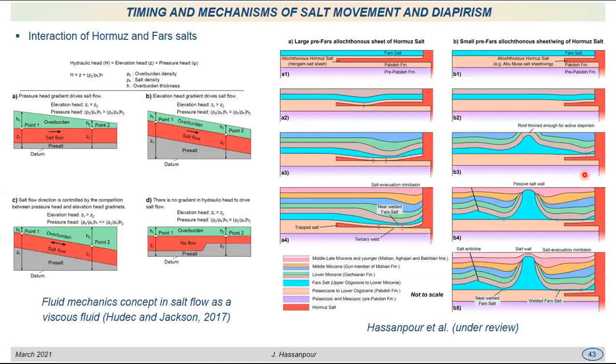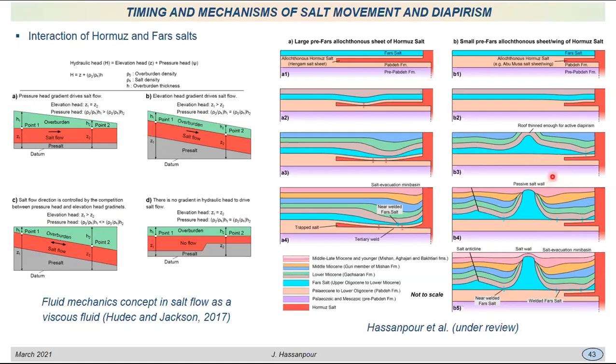So when the Fars Salt was subjected to differential load, it started to flow toward the central salt structure at an earlier stage. And once it was welded out in locations close to the central diapir, the depocenter migrated outward to the areas where we have got Fars Salt in the pedestal of this salt structure.